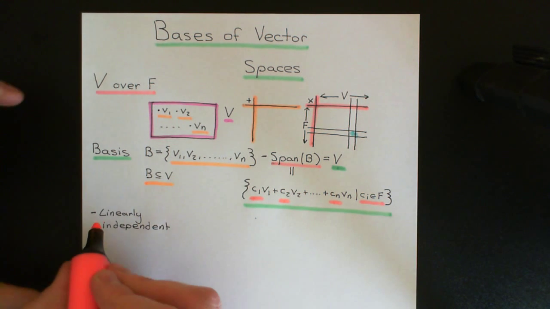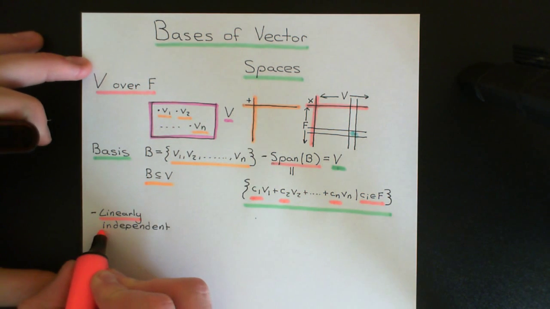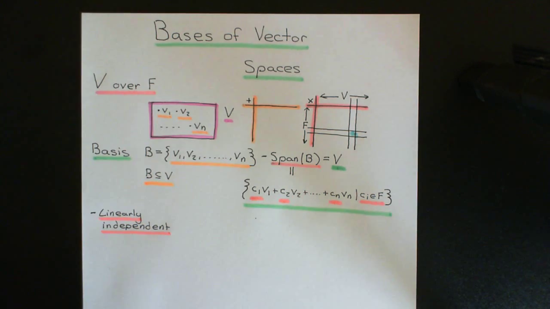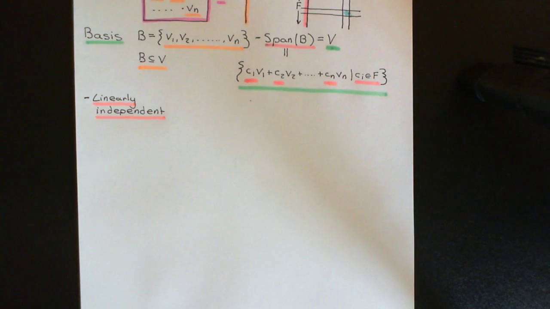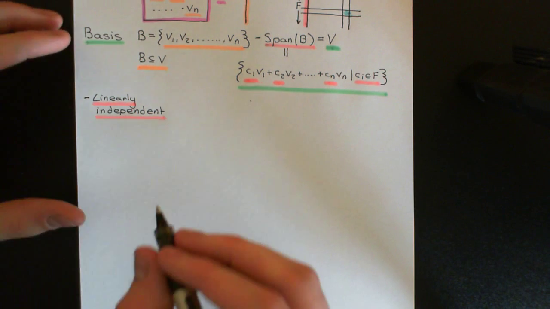Now I'll remind you of what is actually meant by a linearly independent set of vectors. The definition of linearly independent is that there is only one possible linear combination of those n vectors which gives the zero vector.